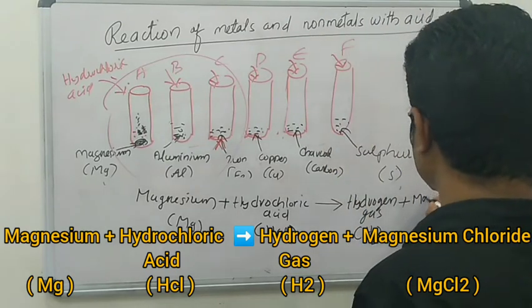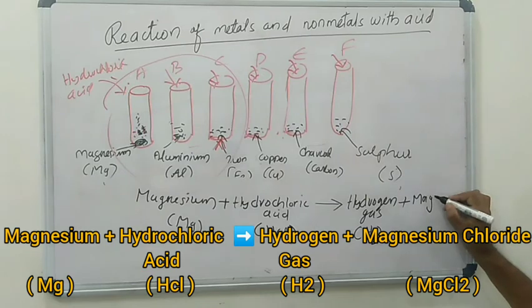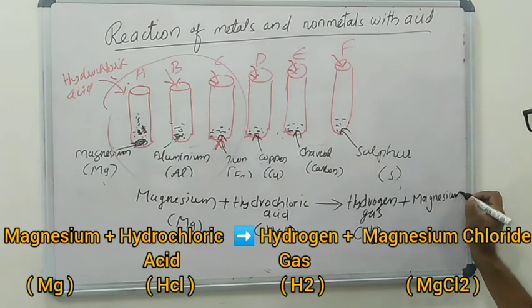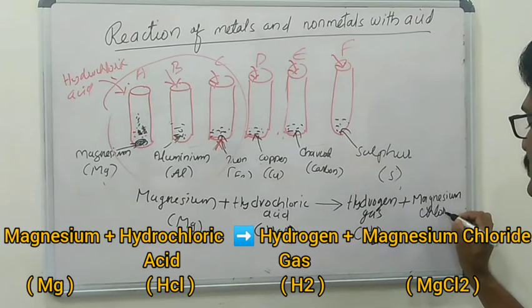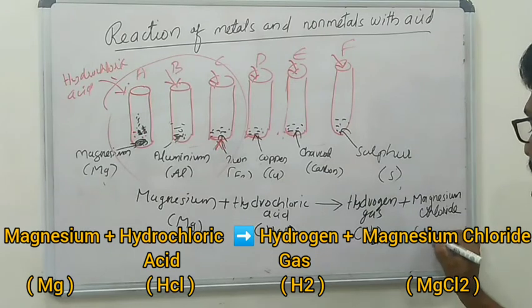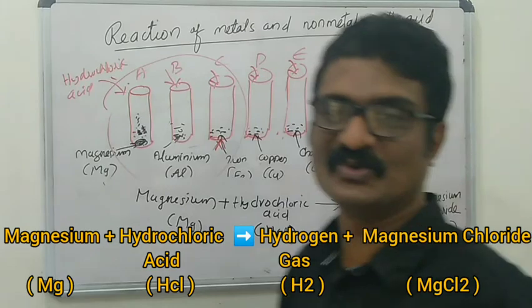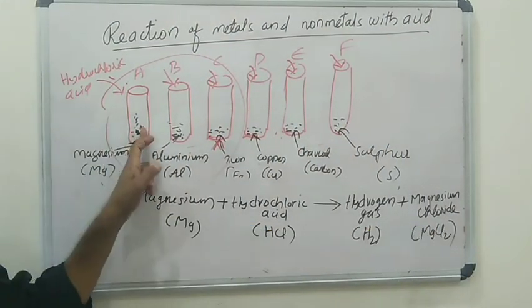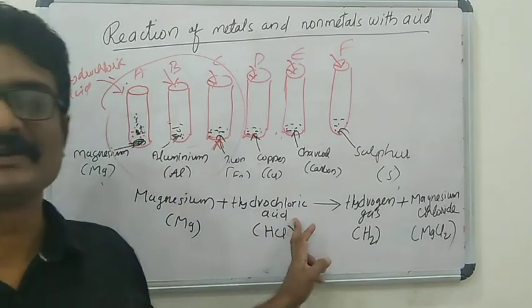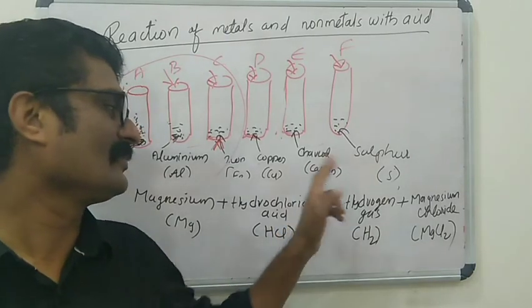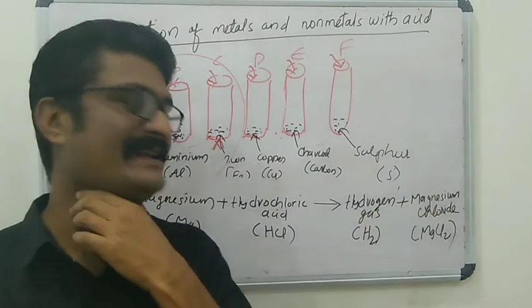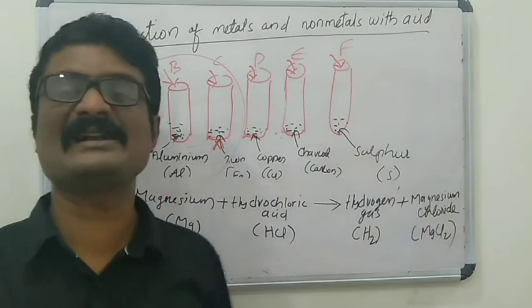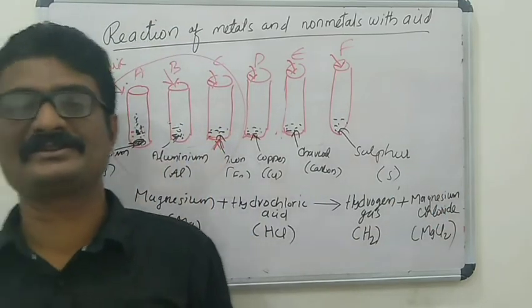The name of the salt is magnesium chloride, formula MgCl2. Magnesium reacts with hydrochloric acid and forms hydrogen gas and a salt, magnesium chloride.